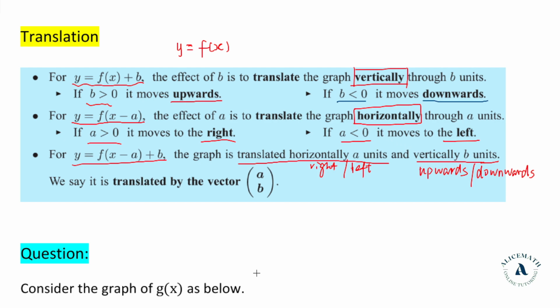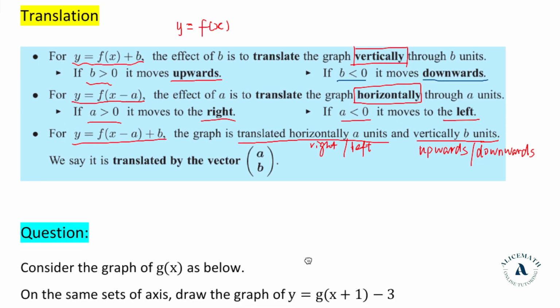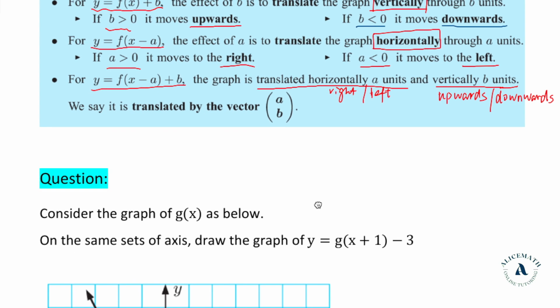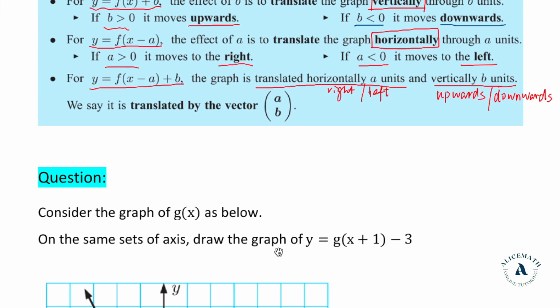So now let's look at the following question by using the different rules of the translation. For example, consider the graph of g(x) as below. On the same set of axes, draw the graph of y equals g(x plus 1) minus 3. So now look here, y equals f(x minus a) plus b.